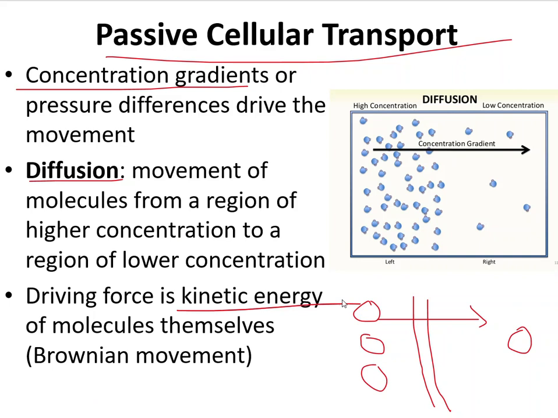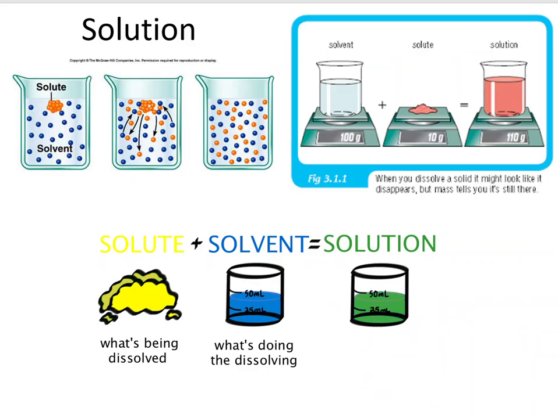The driving force, same thing we've talked about, is the kinetic energy due to the Brownian movement. Solutions, we did talk about this in the chemistry. A solution, the solute is what's being dissolved, and it's what you have the least of.